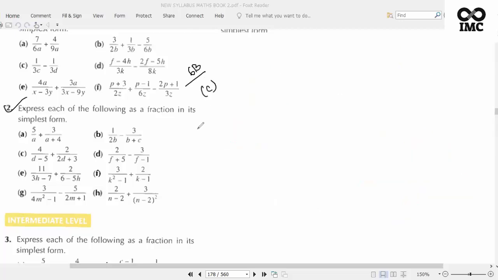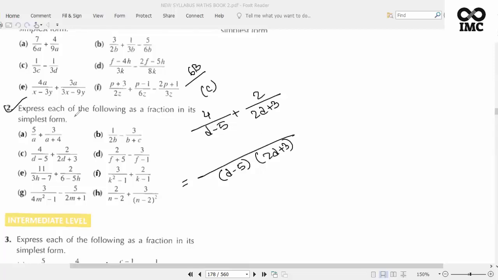Now, question number c. 4 divided by d minus 5 plus 2 divided by 2d plus 3. Look, what is the LCM? d minus 5 into 2d plus 3. Now, do the cross multiplication. So, we'll multiply these two and these two. So, 4 into 2d plus 3 plus 2 multiplied by d minus 5.